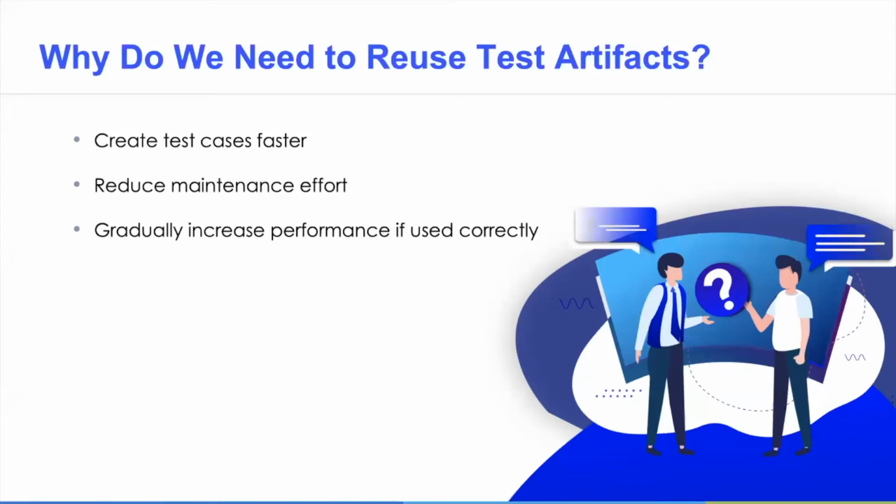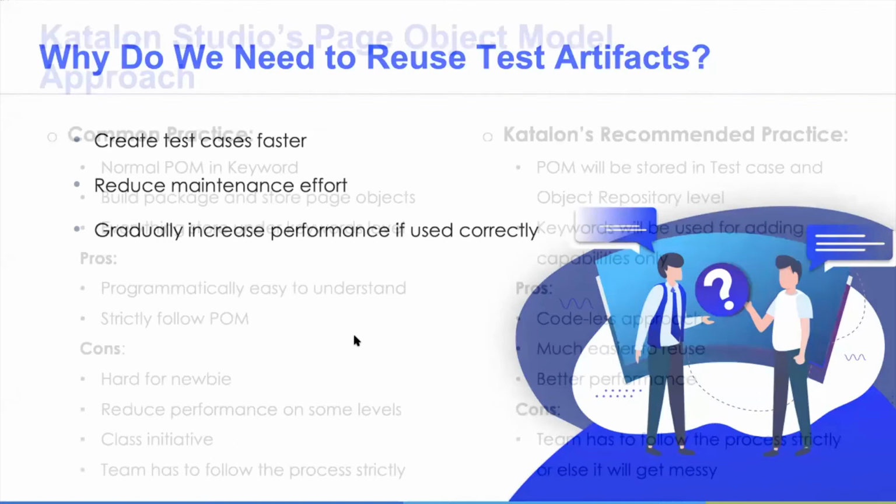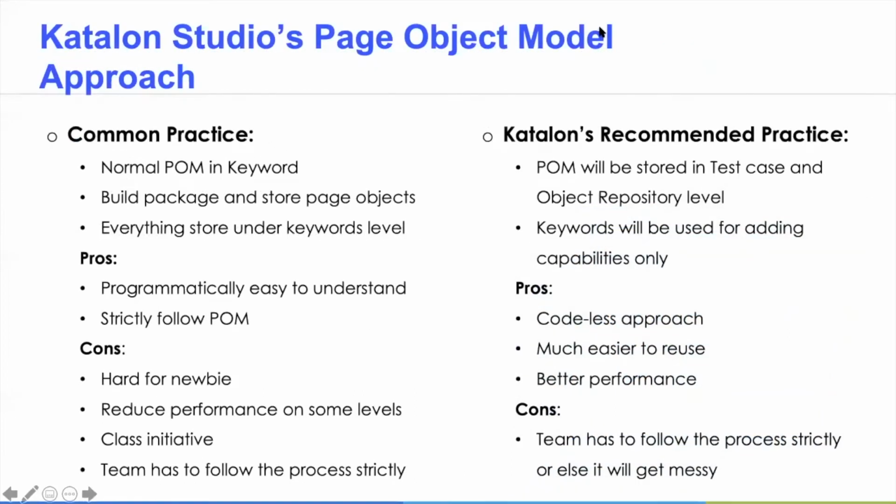For example, if you are making a test case and the precondition is always logging in to the homepage or something like that, you need to find a way to reuse that test case, right? So Katalon provides you the methods and the tools to do all of that in the simplest way. So without further ado, I'm going to jump right into this session and tell you more about that.